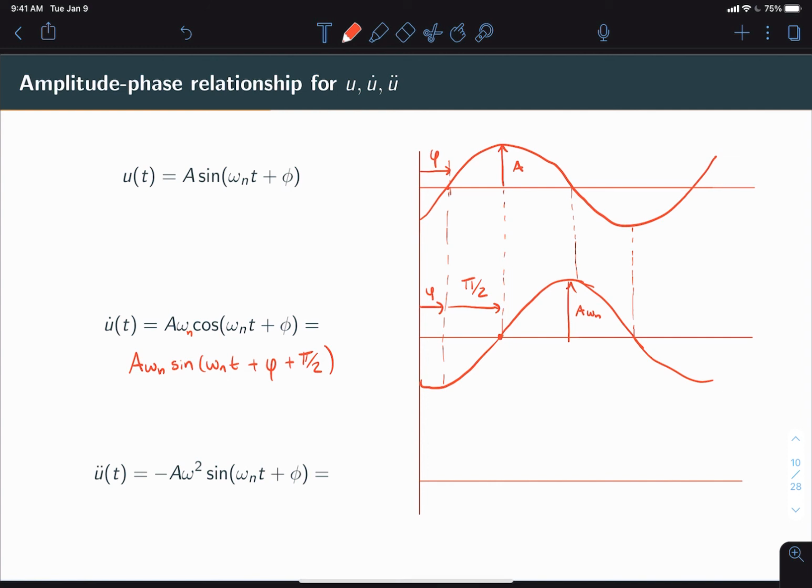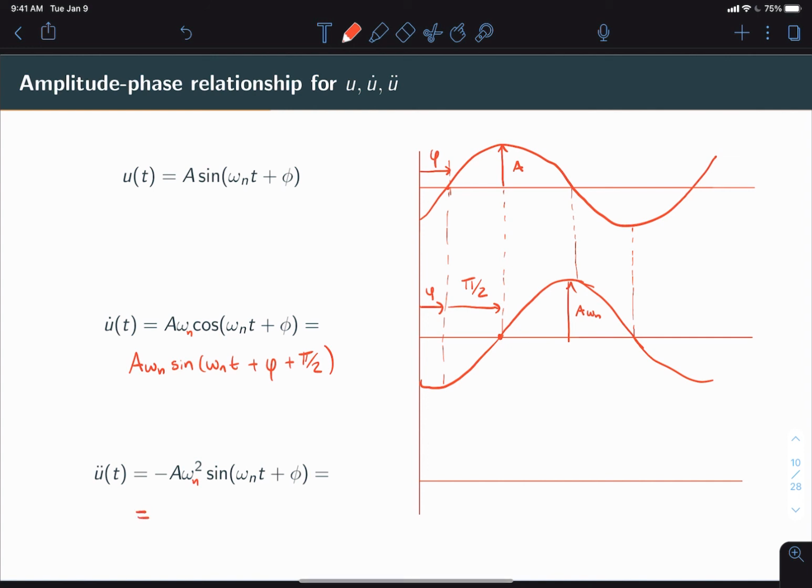And very similarly for the acceleration, we expect to see another shift by pi over 2. So we see that the result is now negative a times omega n squared. We're back to sine, but this is a negative sign, and again the same argument there. So negative sine is simply sine shifted by pi.